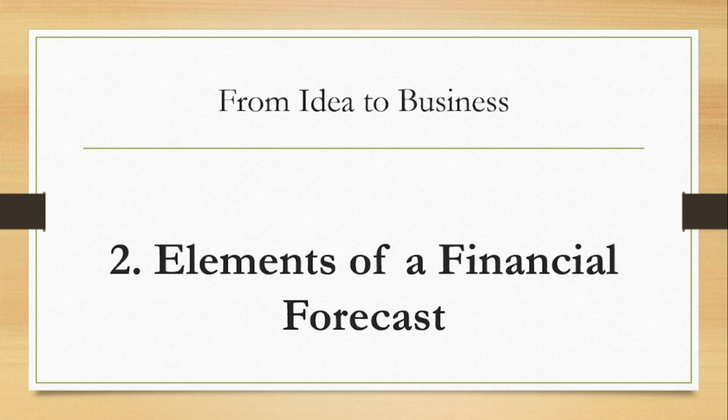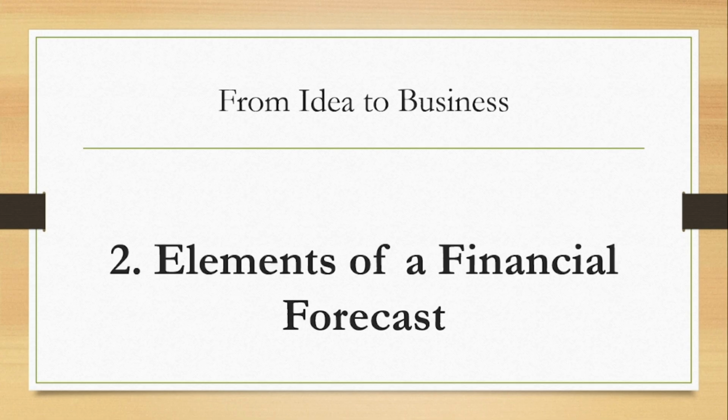So basically, what are the average case, the best case and worst case scenarios that would happen based on any idea that you may be having. We're going to look at how you do that financial forecasting, what are the things you need to consider, and how you go about that.